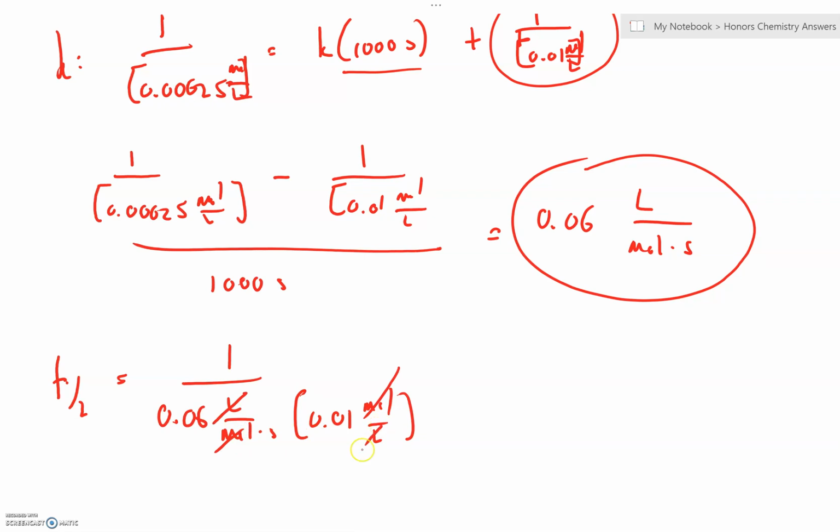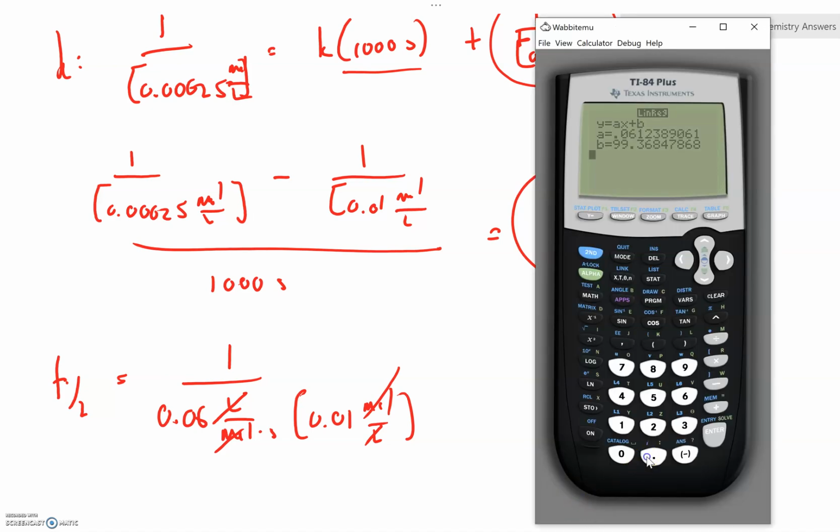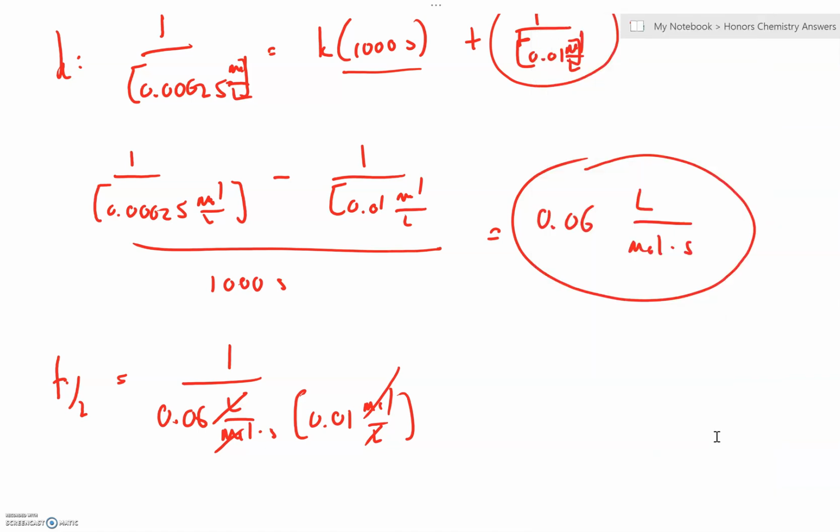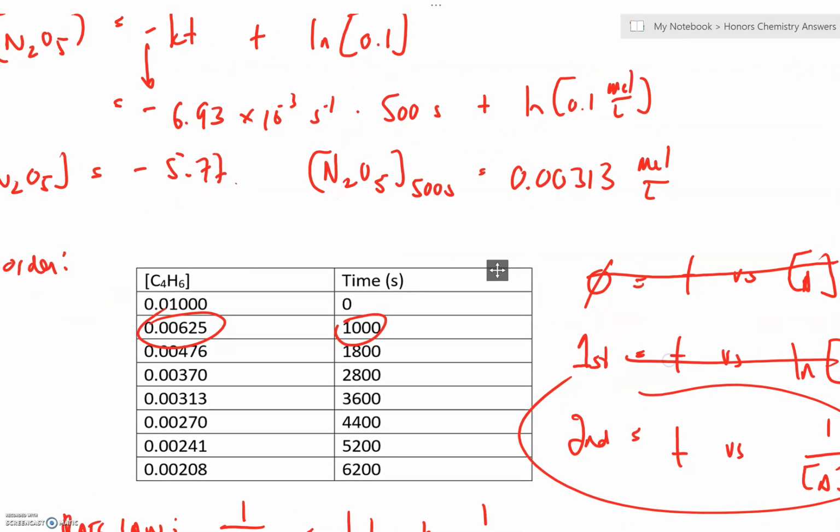Moles cancels, liters cancels, and all we need to do is take our calculator and put 0.06 times 0.01, and we'll take that answer and invert it, and that is our half-life. 1,667 seconds.